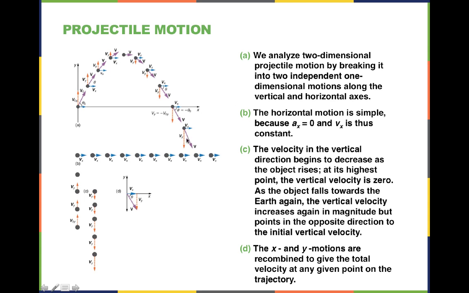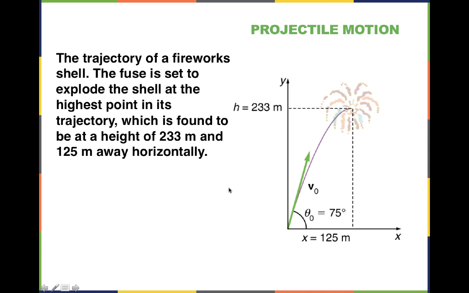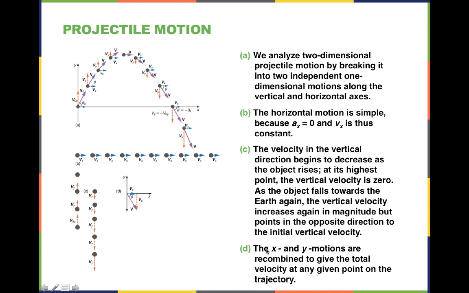And therefore, beyond that, the y component becomes bigger and bigger. Now, very important to remember is that these two are independent of each other, and also very important to remember that these act together to form the combined velocity at each point.